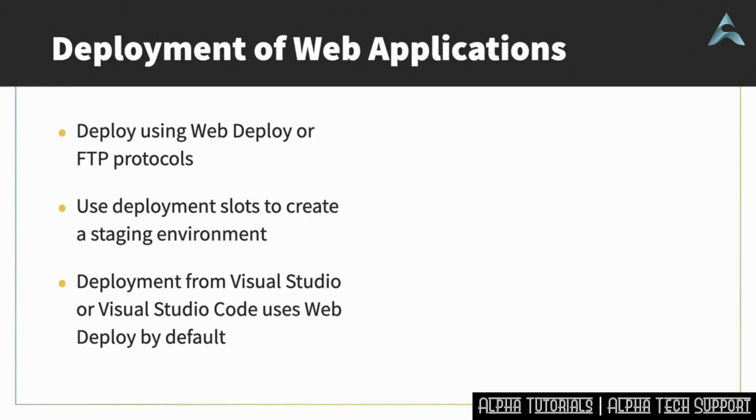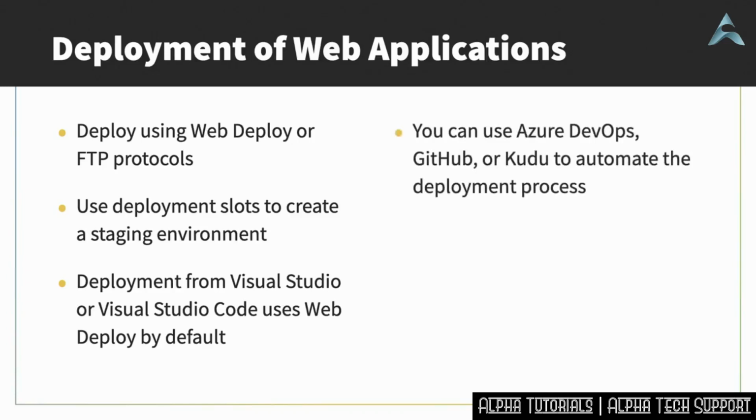There are integrated tools within those applications in order to do the deployment. So we're also going to check that out. I can also use Azure DevOps or GitHub or even Kudu to automate the whole deployment process. I have to confess, my favorites are definitely Azure DevOps pipelines and GitHub Actions in order to do this. But of course, Kudu can also be an approach for this.